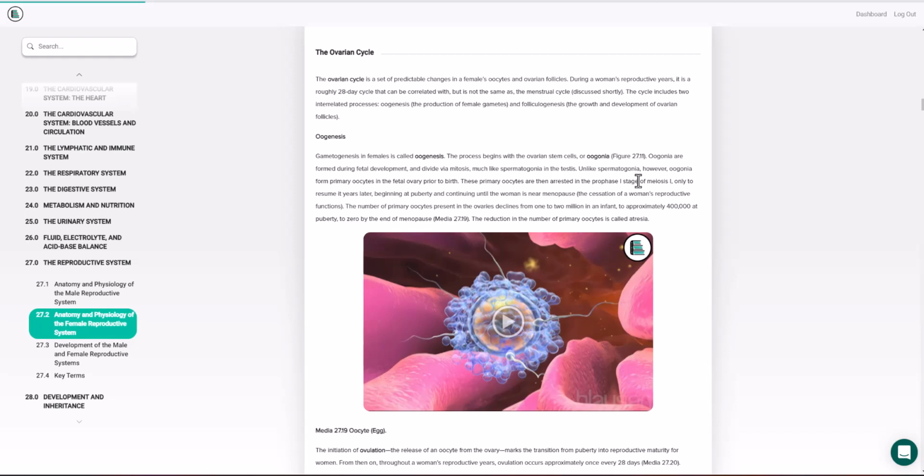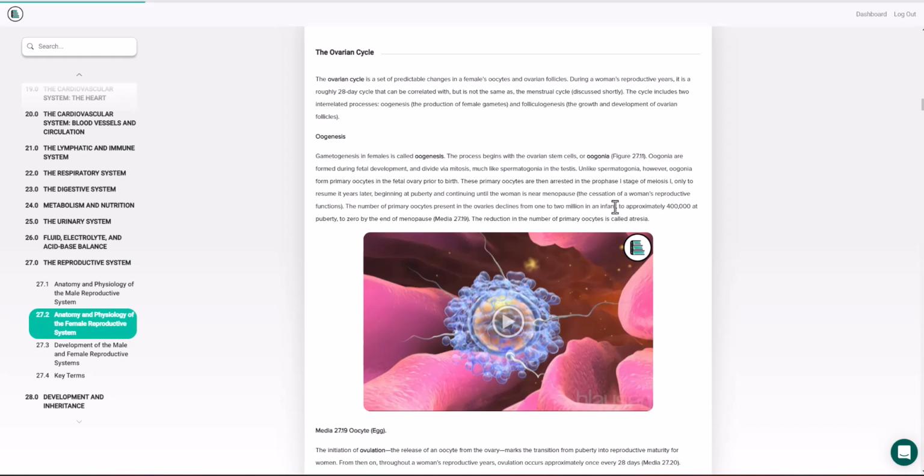That process will then begin again after puberty and will continue for some of these early eggs through the woman's reproductive years until she reaches menopause, which is basically when there are no more eggs available to go through this process.